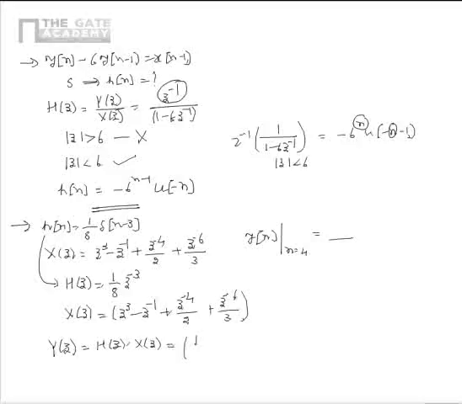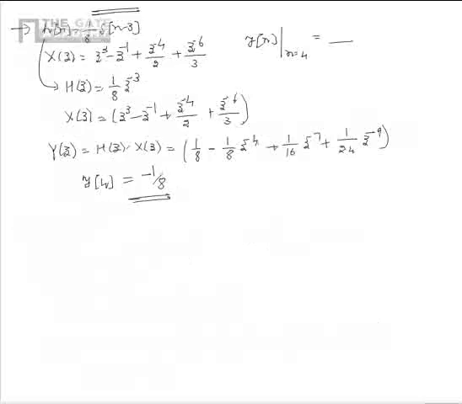This is equal to 1/8 - 1/8 z^-4 + 1/16 z^-7 + 1/24 z^-9. From this, the output at the instant n equal to 4 can be given as the coefficient of z^-4, which is minus 1/8. So from the given data, we see that the output at the instant n equal to 4 is minus 1/8.